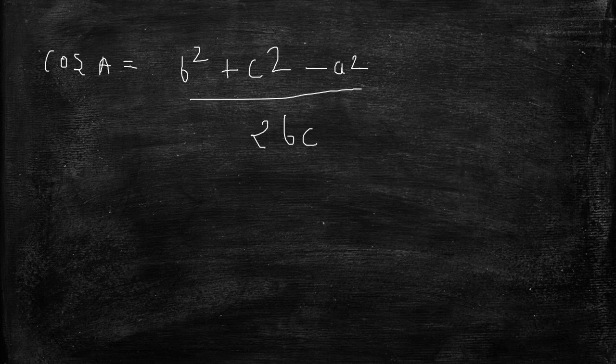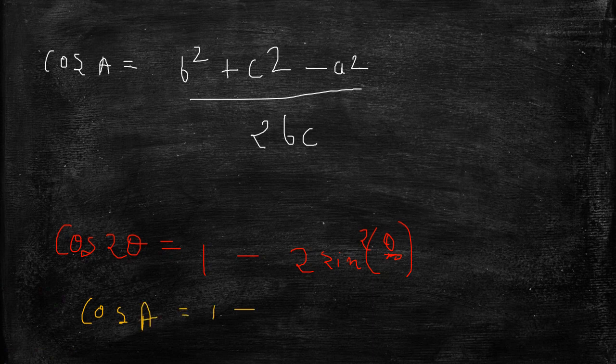Now from my trigonometric knowledge, I know that cos of 2 theta is 1 minus 2 sine square theta. So when I replace 2 theta by A, then theta is replaced with A by 2.